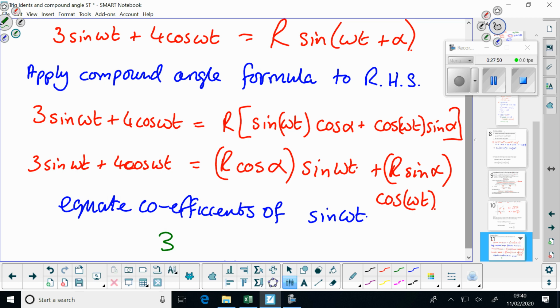I've used sine A plus B, so we've got sine A cos B.